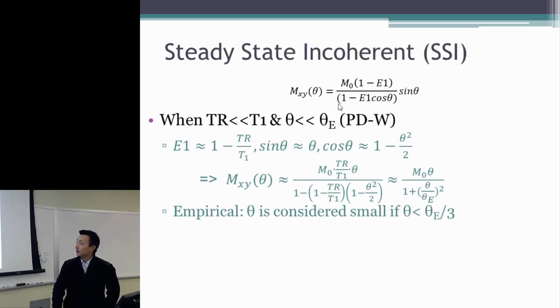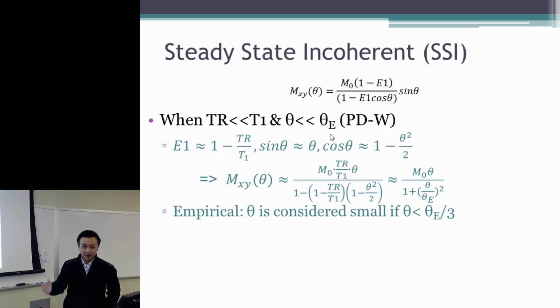All right, so let's say this is the transverse magnetization that we can get from this SSI signal if we are using a flip angle of theta. So let's just assume that we have a very short TR, much shorter than the T1, and then we have a very small flip angle, which is much smaller than the Ernst angle.